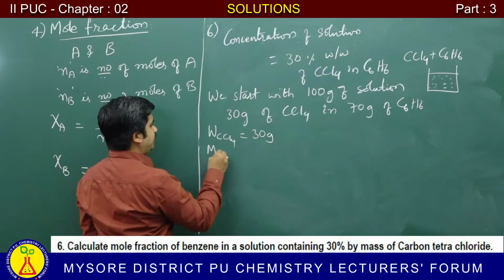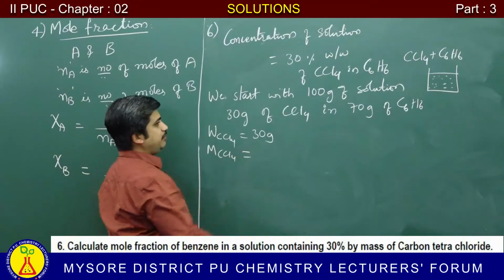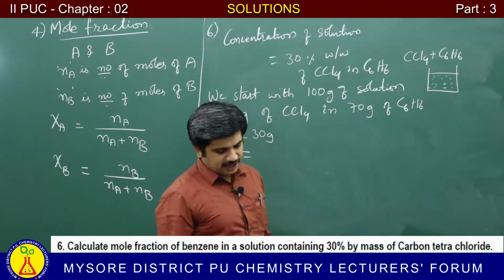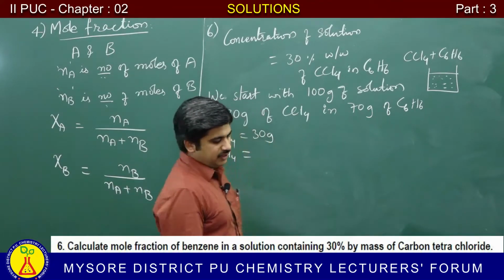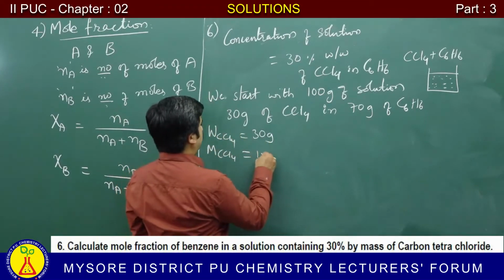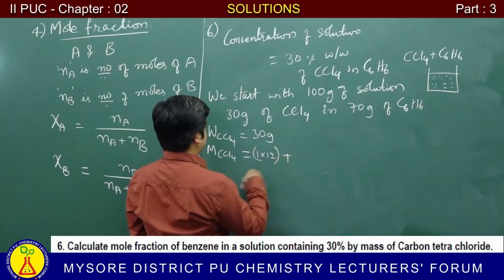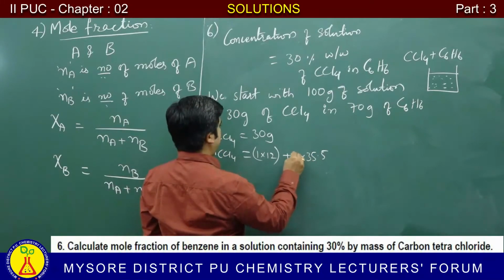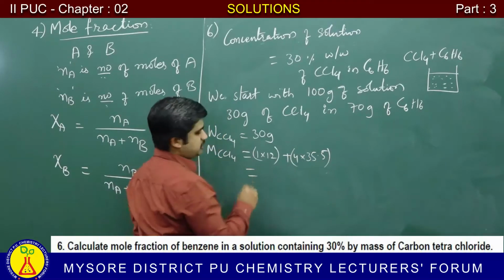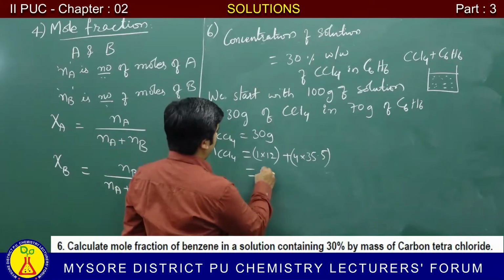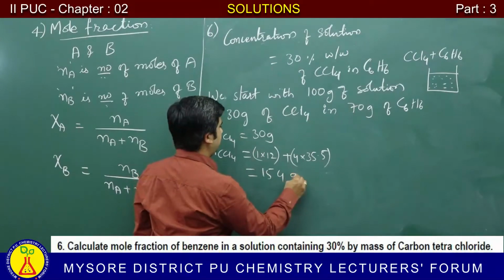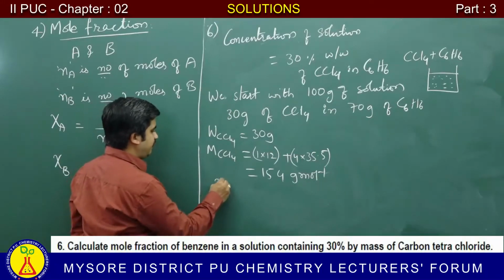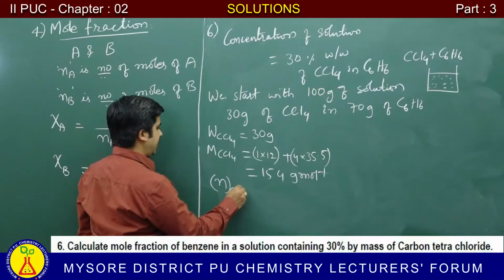We also need the molar mass of carbon tetrachloride because we have to find the number of moles. So the molar mass of carbon tetrachloride will come to: carbon is 1 into 12 plus chlorine is 35.5 atomic weight into 4. So this will be 154 gram per mole. Then we also have to find the number of moles of carbon tetrachloride.